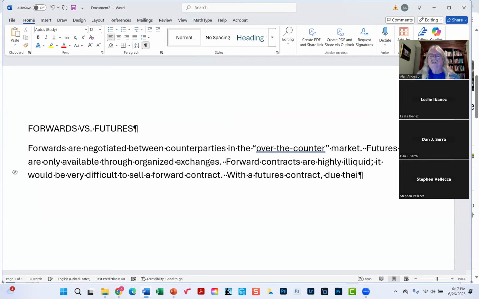With a futures contract, due to their high volume, they are extremely liquid. It's easy to sell them.